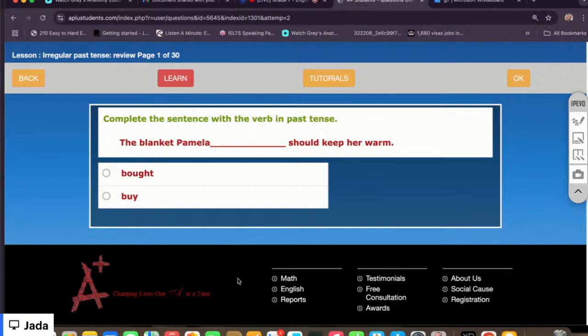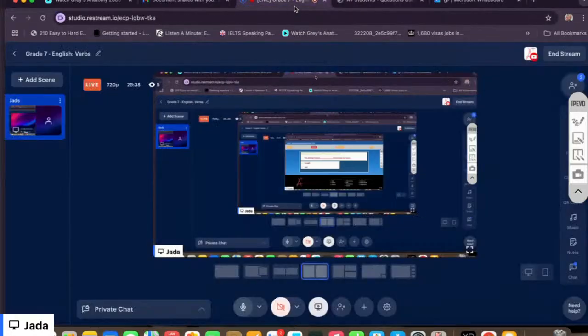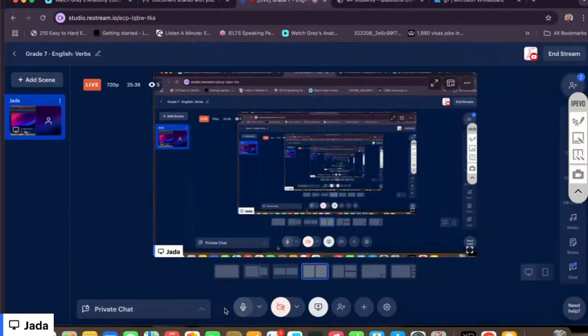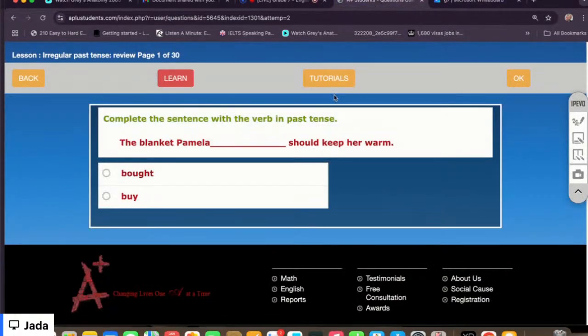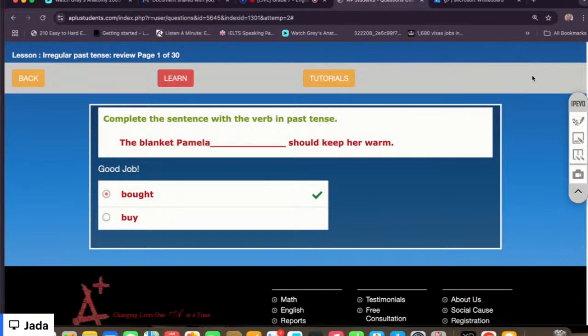So you have to put the irregular past tense of this verb. You have to select the irregular past. So which one is the irregular past tense here? So we have buy and we have bought. So of course bought will be the irregular past.